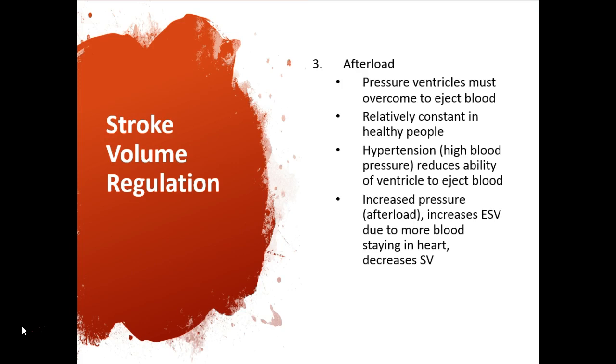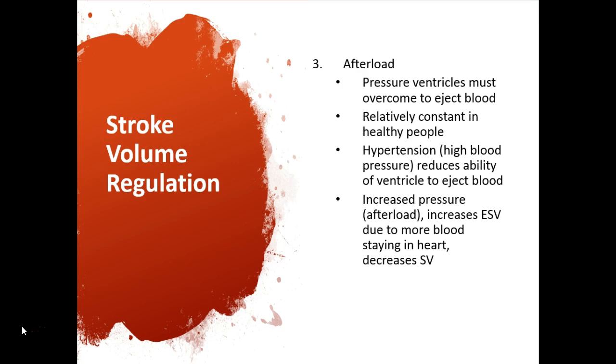So how much pressure is in the ventricles, how much pressure is in the pulmonary trunk and the aorta, and how much pressure does it take for the ventricles to have more pressure than those vessels, where those valves will open into those vessels. So an increase in afterload causes stroke volume to decrease, so that more blood then remains in the ventricles at the end of systole.